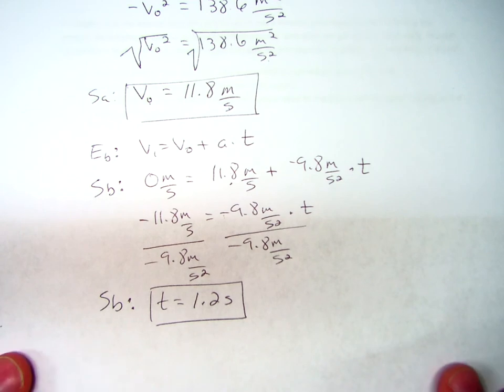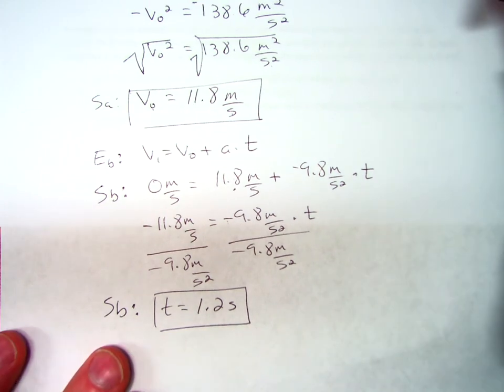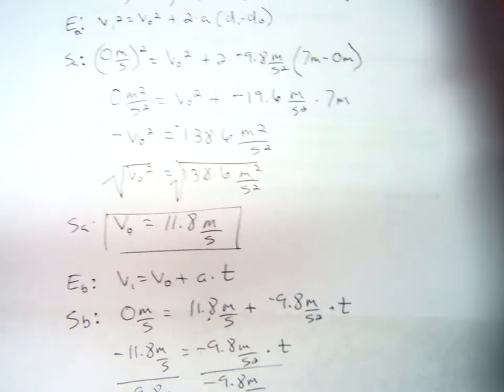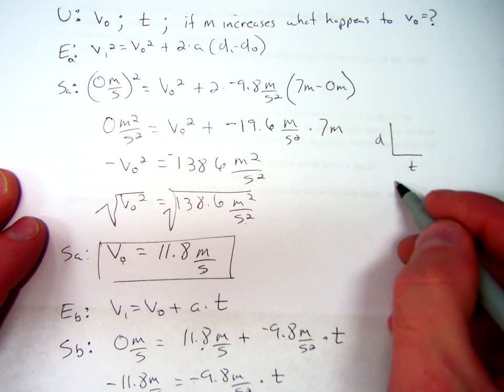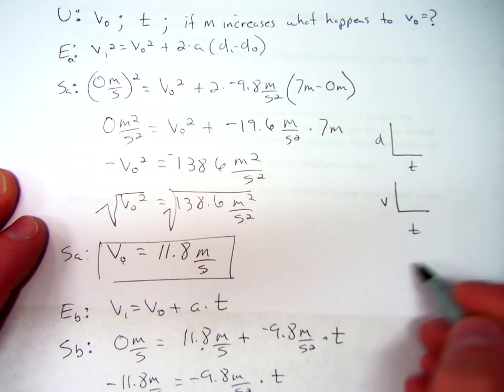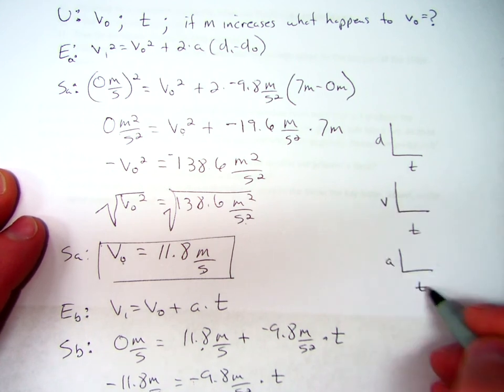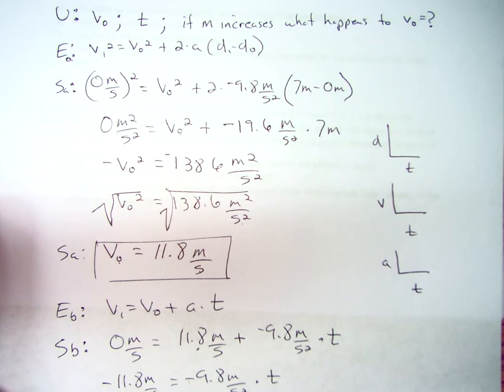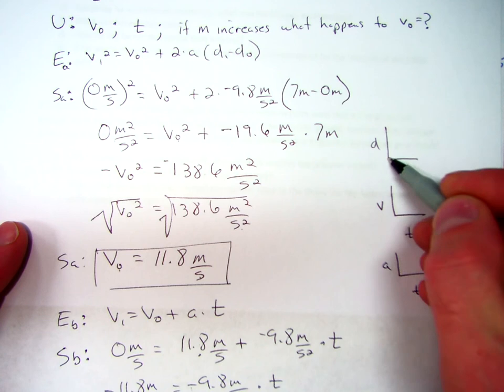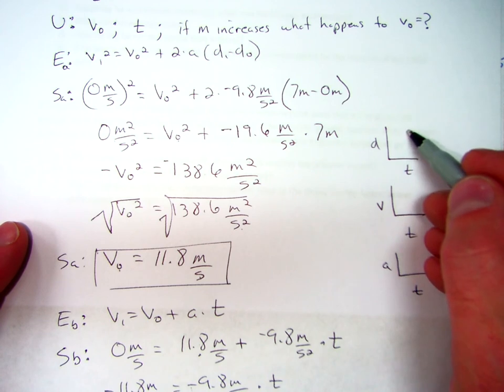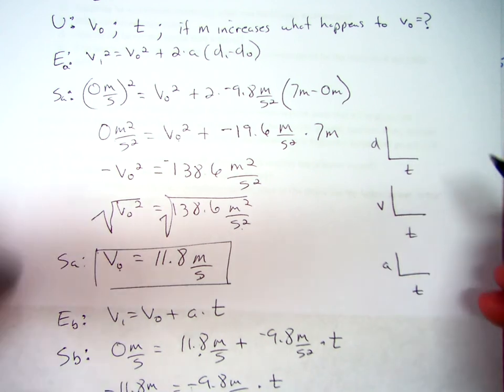Okay, we're going to go back and graph the position versus time graph, velocity versus time graph, and acceleration versus time graph. If we look at this, we started at 0 and we ended at 7, so we're moving in the positive direction, but we are slowing down.